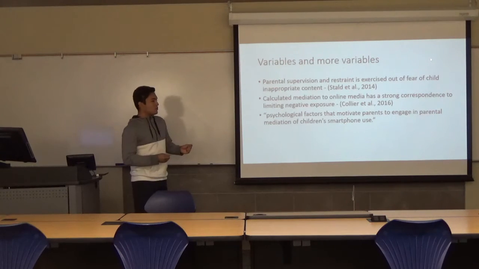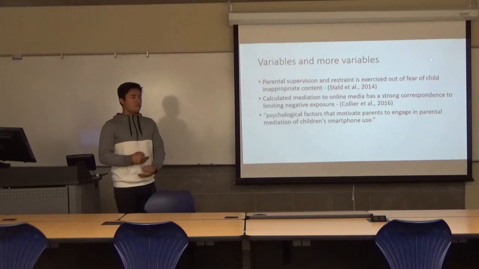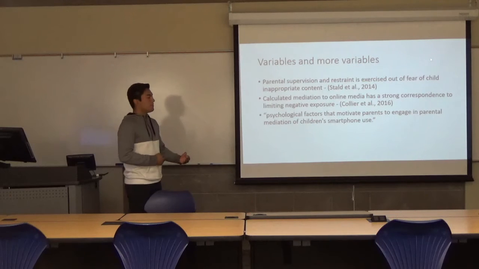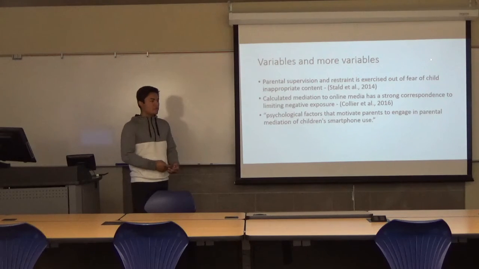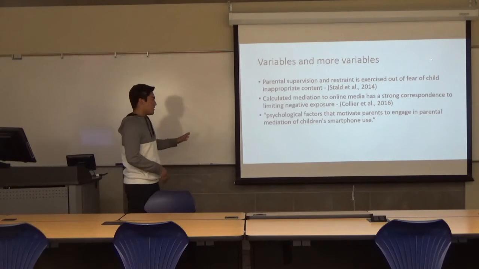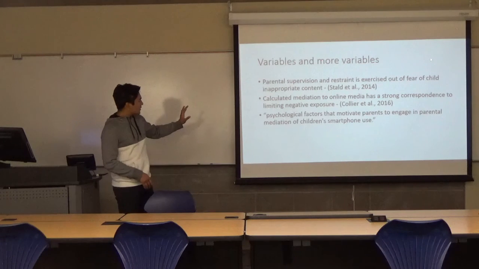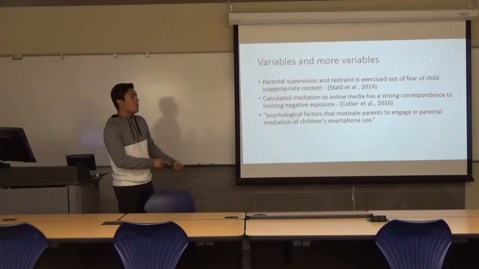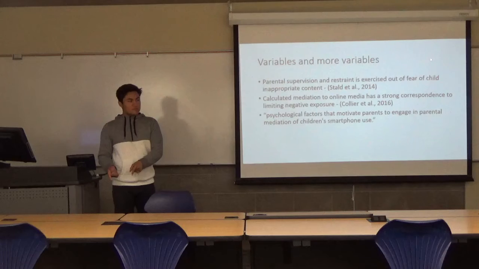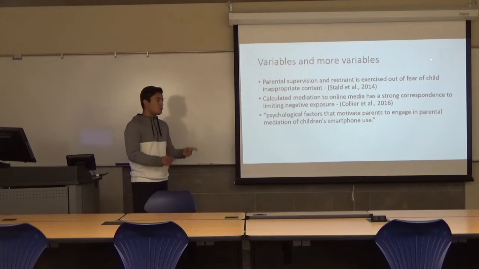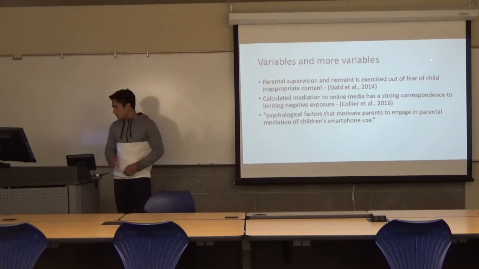Calculated mediation, so how mediated is their technology consumption? That was all to the mindset of the parent, and that has to do with the theory of planned behavior, which I'll go into a little bit later, and the psychological factors that went into the parent's intentions to control mediation. Those are the variables.